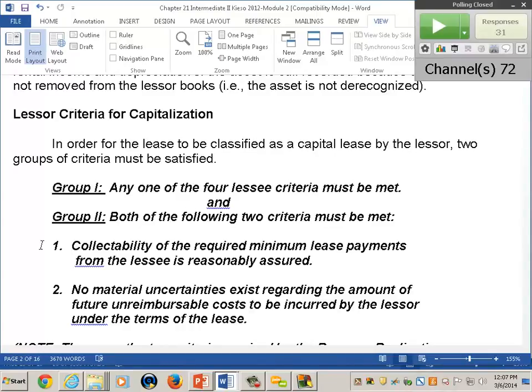Now, this was done to operationalize the transfer of risk and reward. But the problem is we have another dimension for the lessor, and that second dimension is revenue recognition.